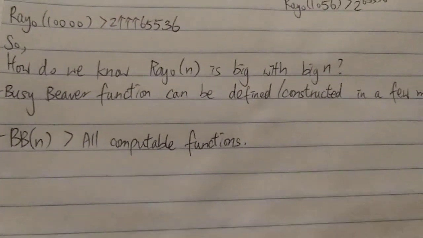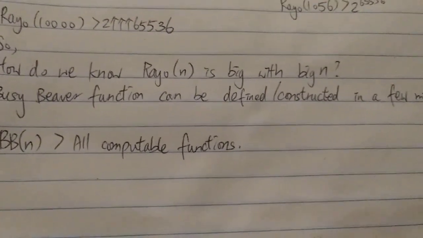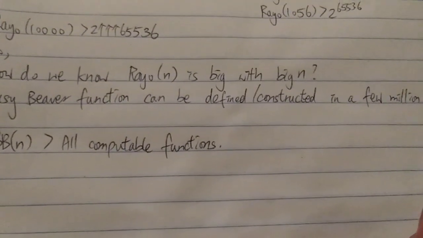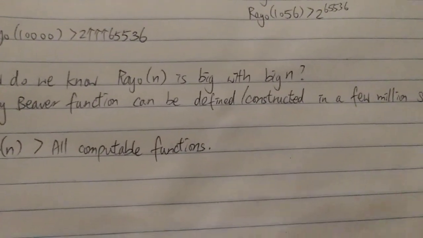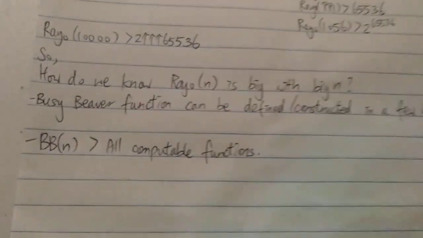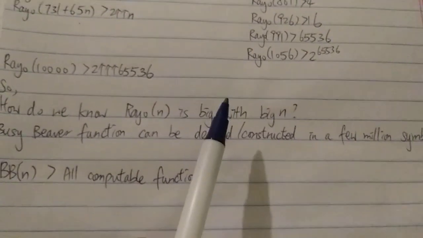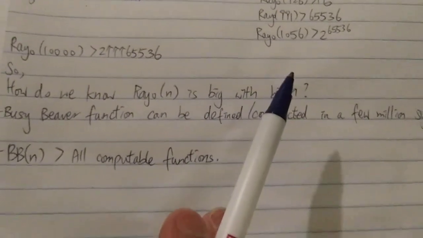That means that function would grow much faster than the TREE sequence or the Graham sequence, the G sequence, and also the SCG or the Loader function. You can easily beat that if you're allowed to use a million symbols. And don't forget, Rayo's number is a googol symbols.